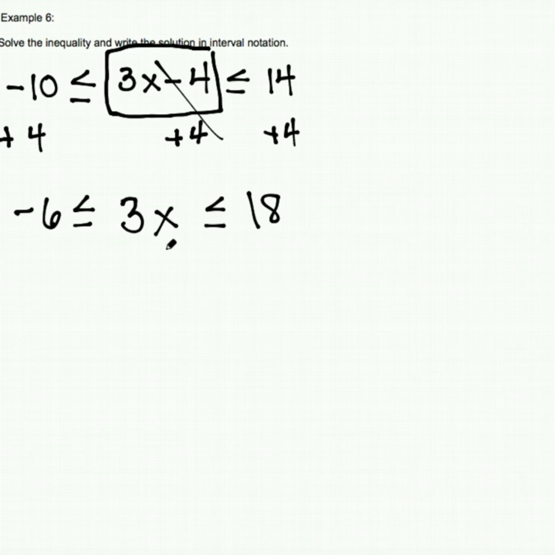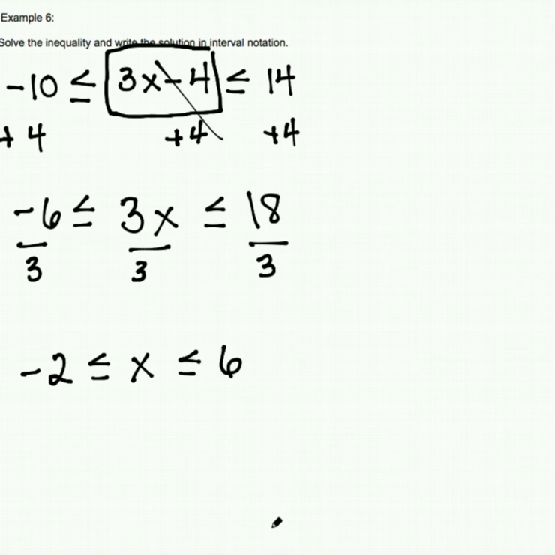So I'm going to divide everything by 3, on the right-hand side and the left-hand side. Negative 6 divided by 3 is negative 2, is less than or equal to x, which is less than or equal to 6.